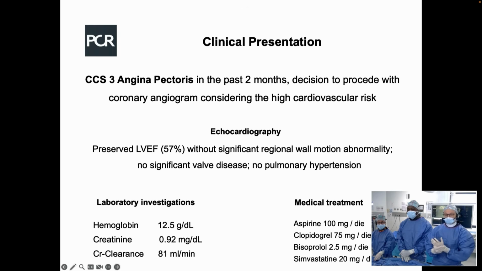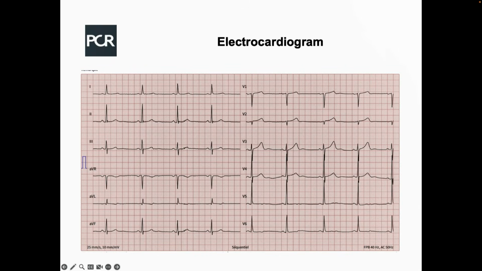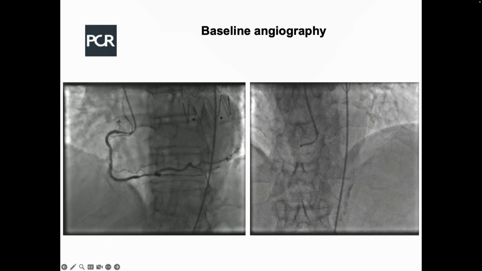The echography and the clinical examination are not relevant. There is no abnormality on the lab investigation. The ECG that you will see in the next slide is considered as having no frank abnormality. But we go for a coronary angiogram because he has a severe polyvascular disease.